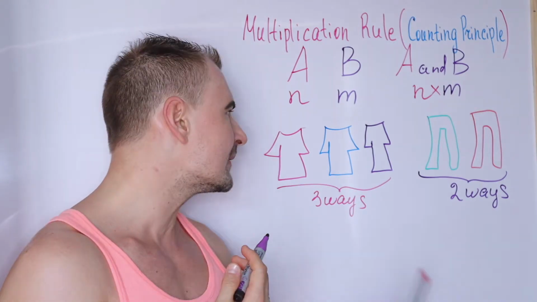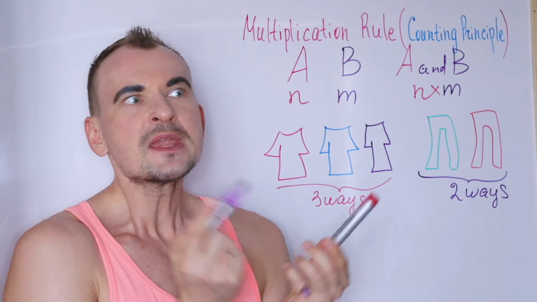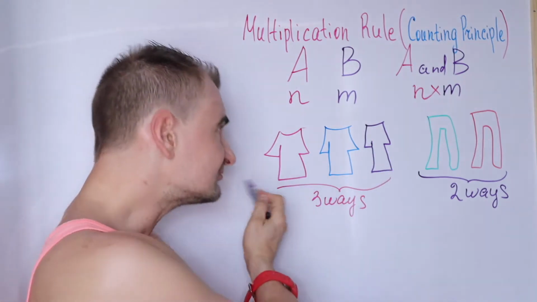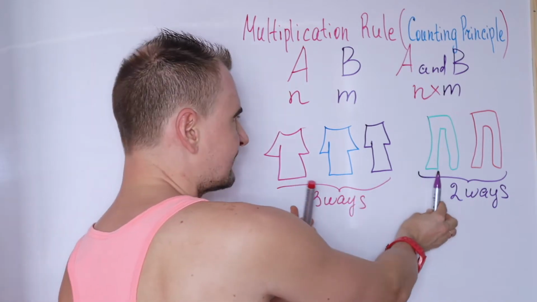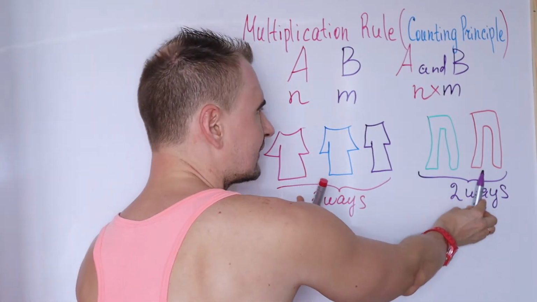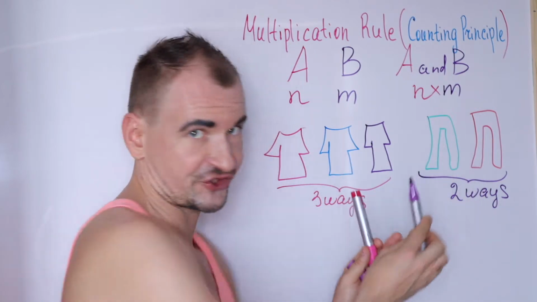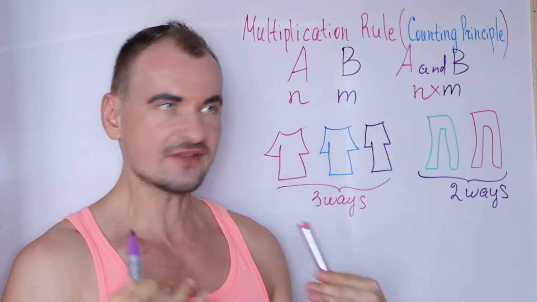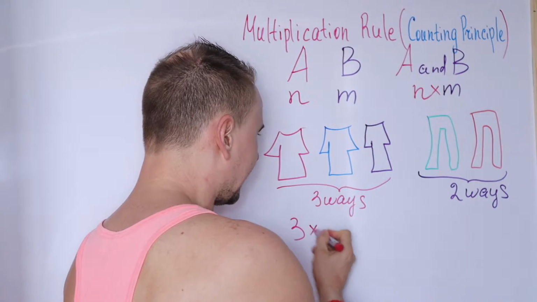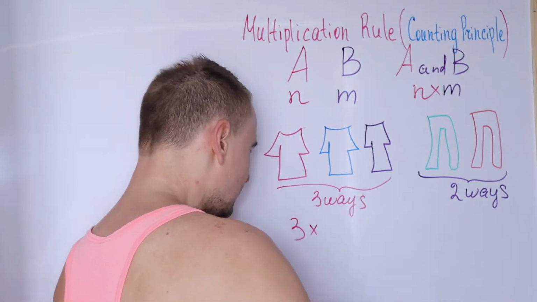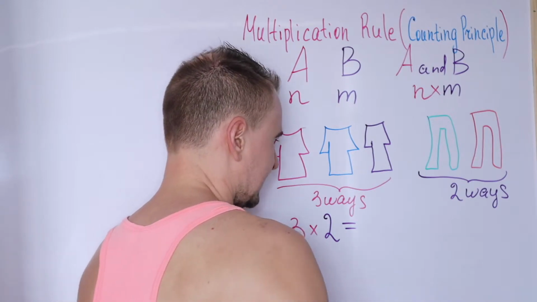Since these numbers are small, you can just list out all possible combinations: the first, the second, the third, the fourth, the fifth, the sixth. But if you use this formula, in the same way you get 3 times 2, and it turns out to be just 6.